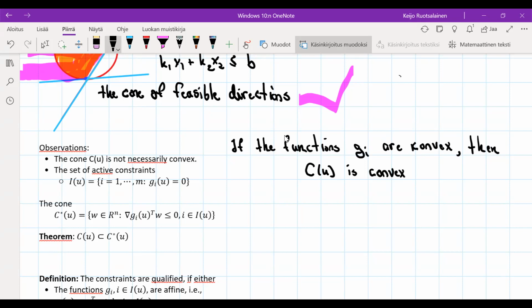Okay, then we have to divide the constraints into two sets: those constraints which are active at the point and those which are inactive. An active constraint is one of those indices from 1 to m where the inequality is actually an equality.